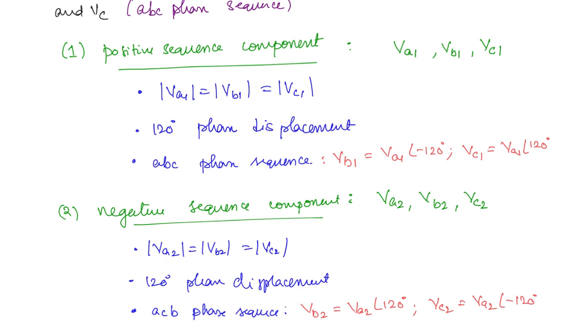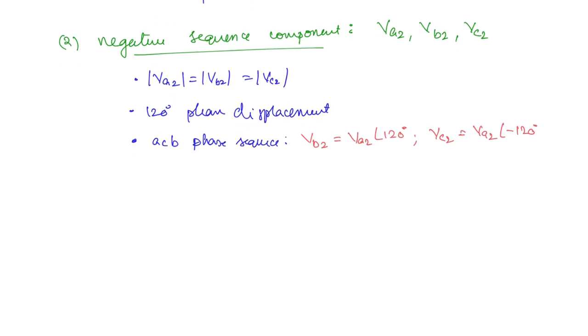Next, last and final, for the three-phase system we have three symmetrical components. Positive sequence is done, negative sequence is done. Next is the zero sequence component, represented as VA0, VB0 and VC0.